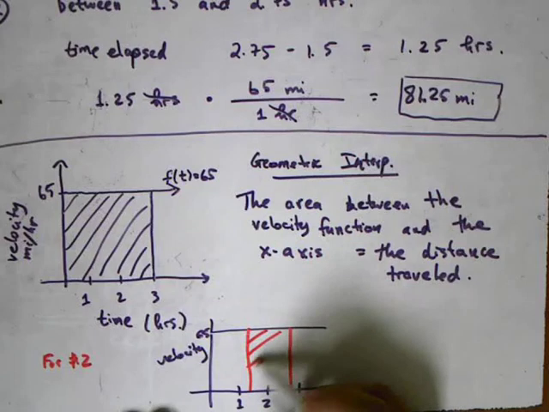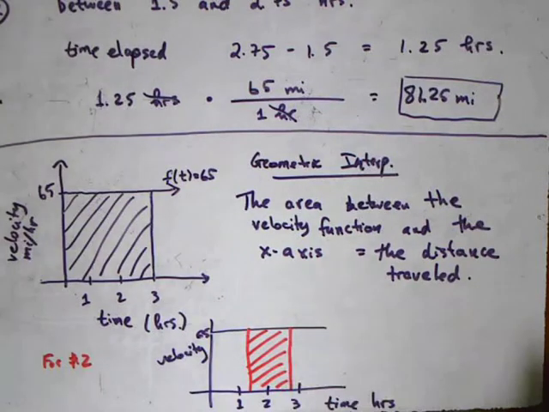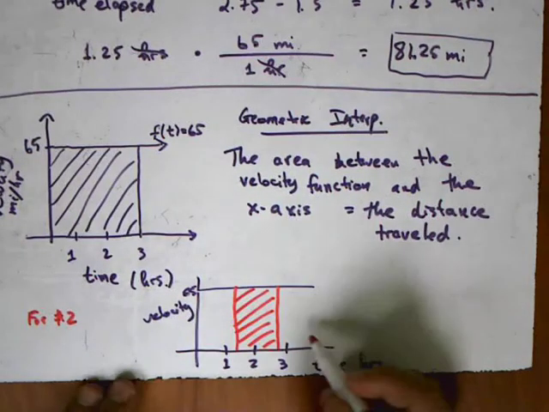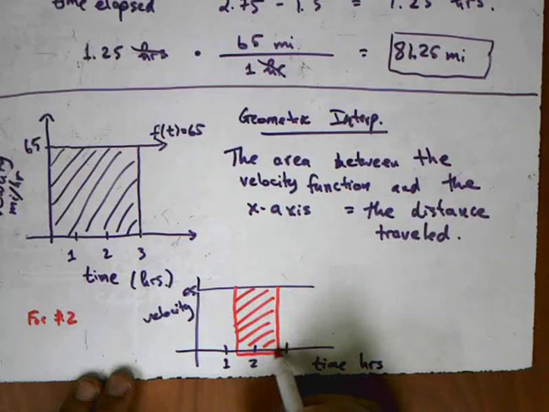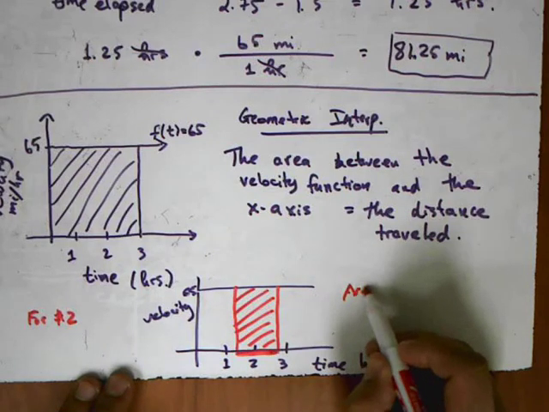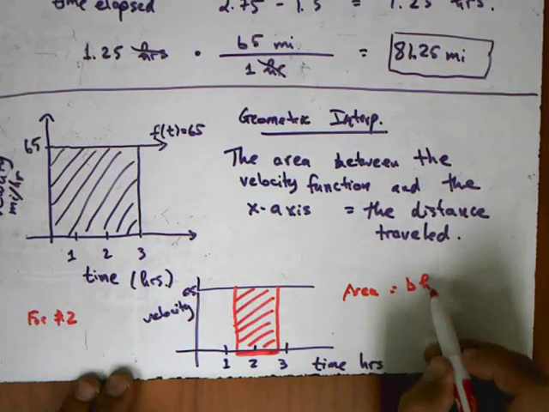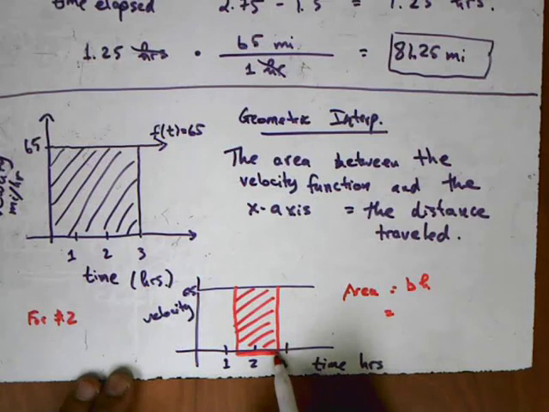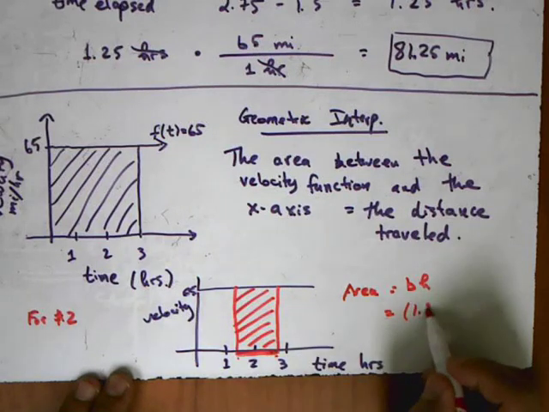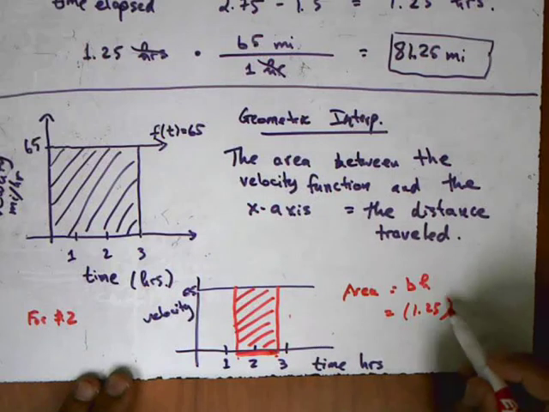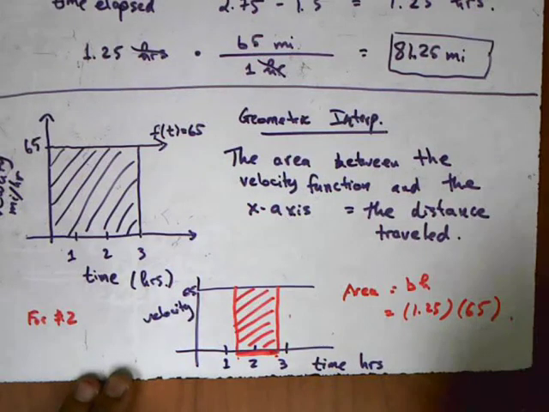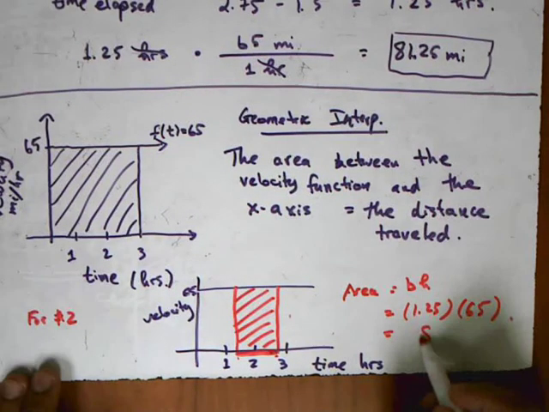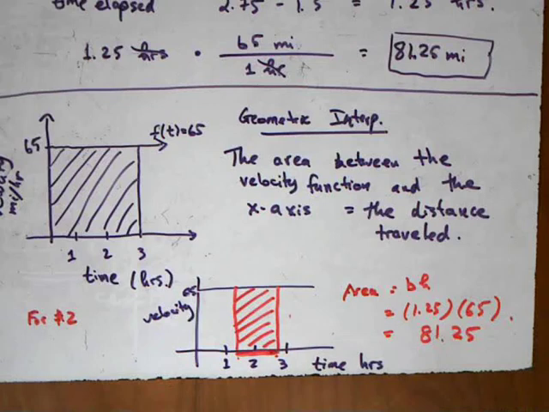We essentially found the area of that, because the area of the rectangle is base times height. The base here is 2.75 minus 1.5, so that's 1.25, and the height is, of course, 65. So it gives us 81.25. It's the same thing.